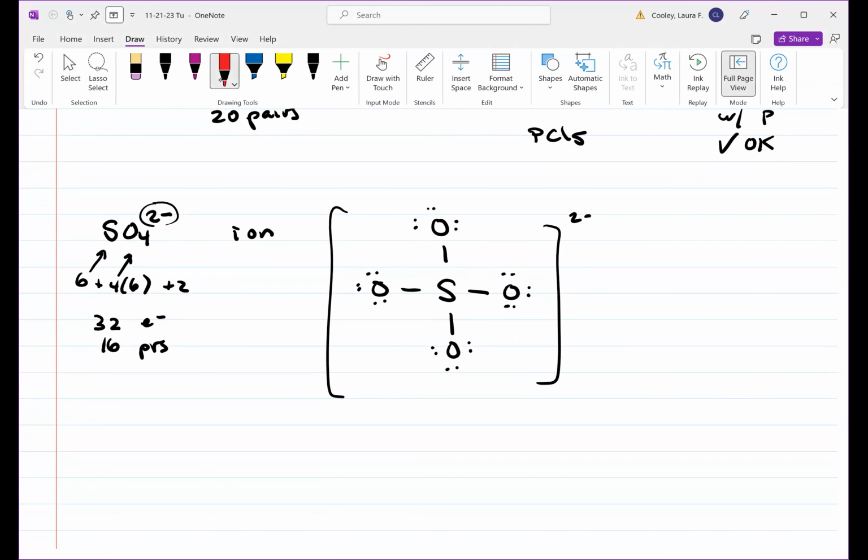What is, when you have an oxygen with 1 single bond and 3 lone pairs, which all these 4 do have, what is the formal charge on each of them? How many electrons are associated with this? No, you have to divide the bond in half.